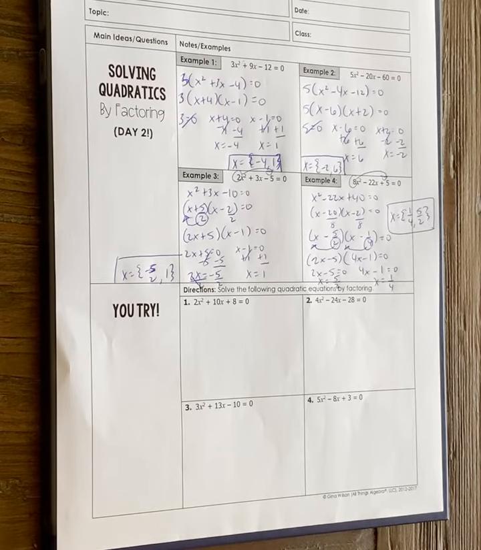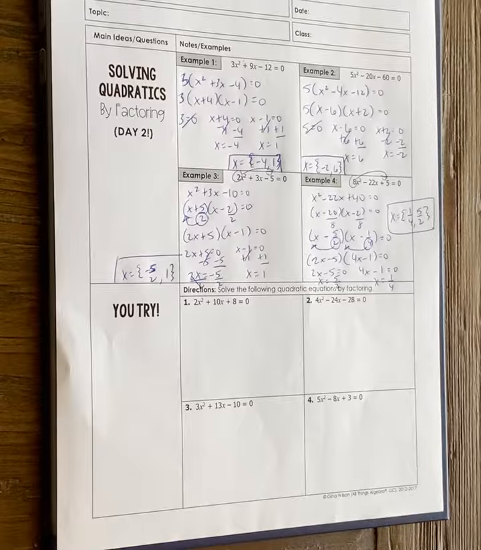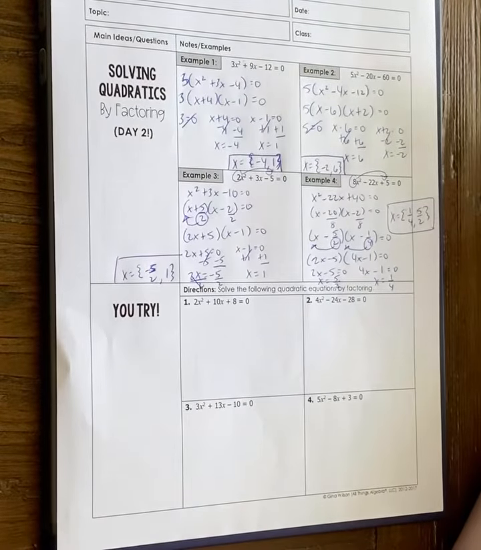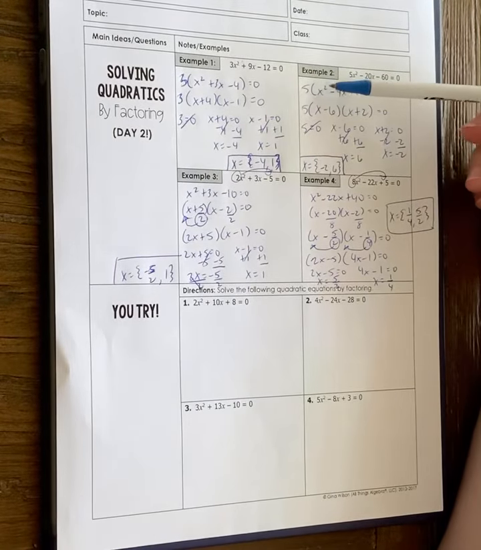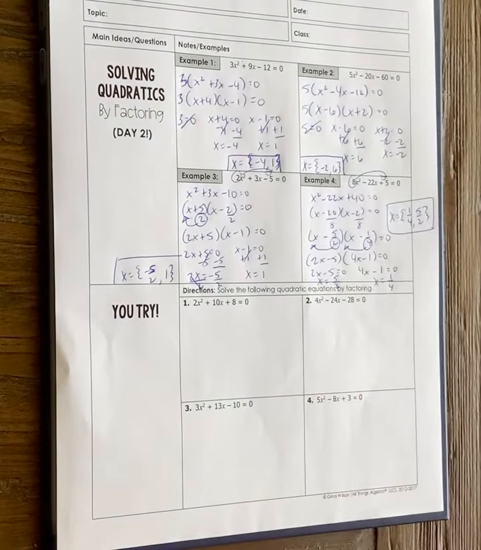Looking through the notes, I'm trying to see if there's any special cases here that we may need to go over, but it looks like everything is just like these few problems right there. Okay, there may be a time that you have to do both the greatest common factor and slip and slide. That just means you take out the greatest common factor, and then after that you would do the slip and slide method, and you still are just solving it the same way.